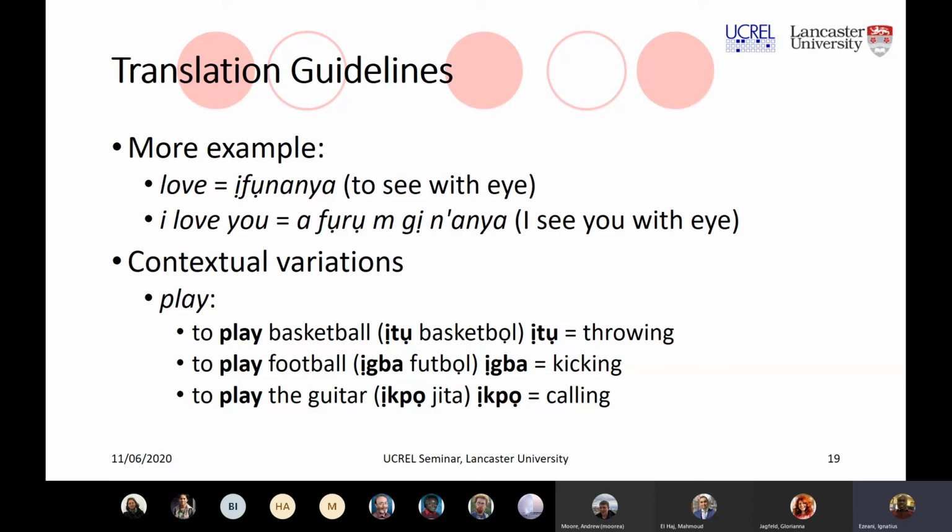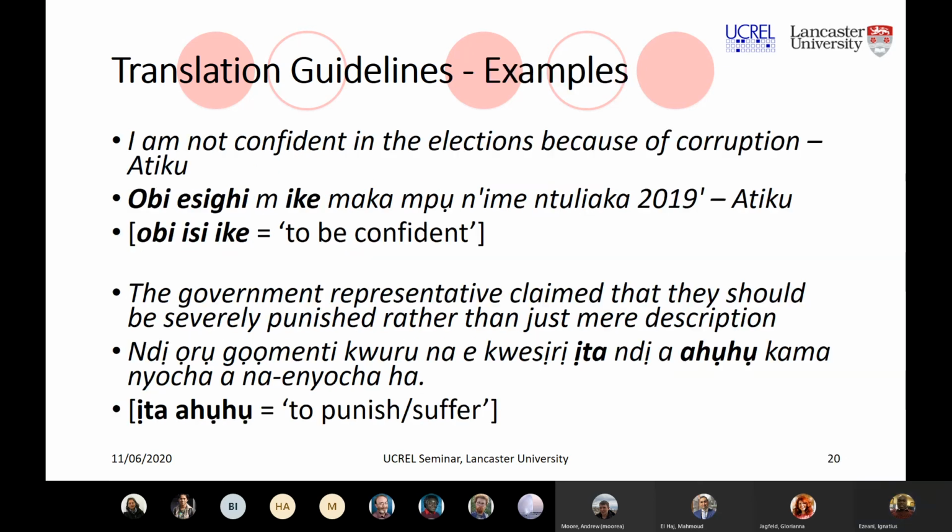So you can see play. Play will have to be translated to something that shows throwing if it's about basketball, and play if it's about football and things like that.